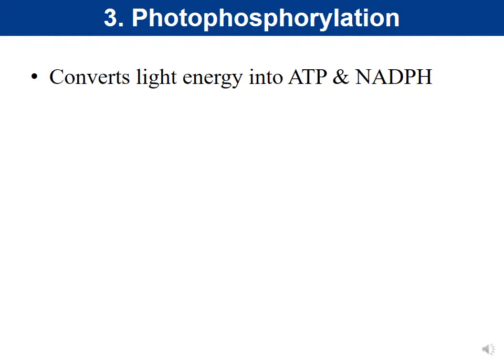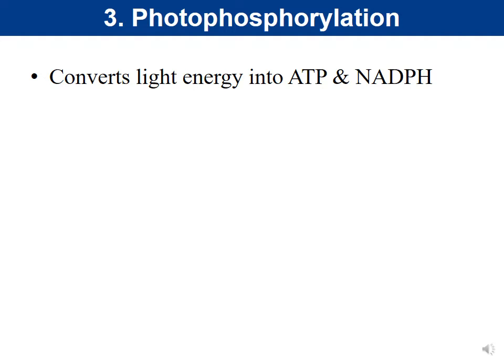And then lastly, we have our photophosphorylation. Again, that's going to convert light energy into ATP and our electron carrier, which is NADPH. And then those two products during what we call the light reaction are then going to go on to what's called the Calvin cycle in photosynthesis.